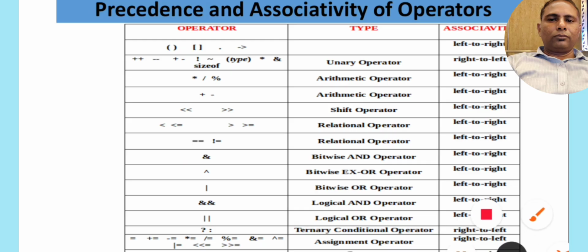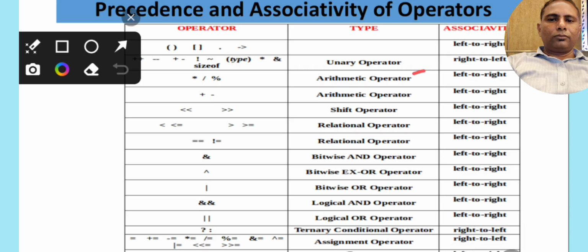So what is the U-turn? U-turn always: U for unary operator. The unary operator has associativity right to left. Same thing, UTA, T for ternary operator. The ternary operator also has associativity right to left. And A for assignment operator. The assignment operators are those with an equal to sign.